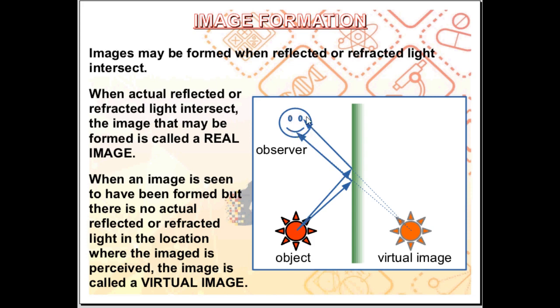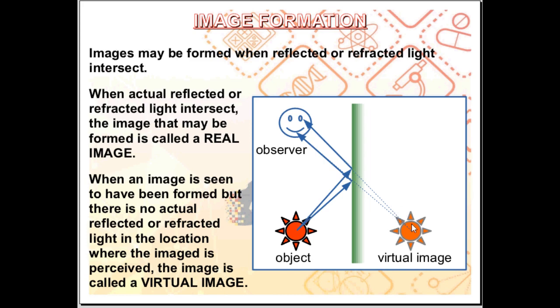The observer sees an image of the object in this location. If you trace back, the reflected light intersects at this point. So an image is said to be formed at this point. And indeed, the observer sees the image at this location.